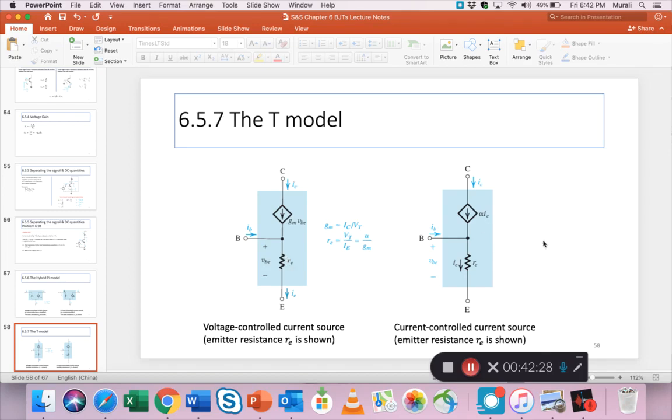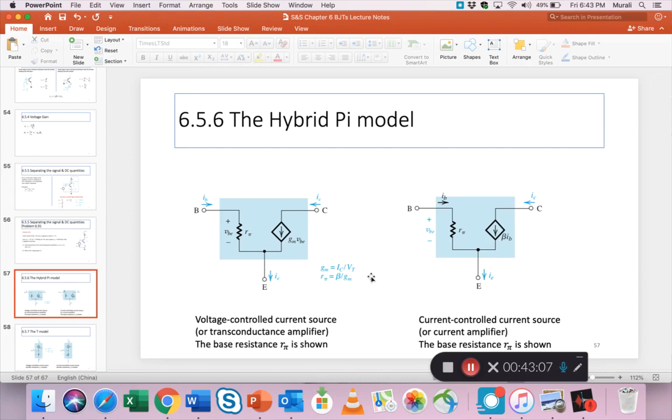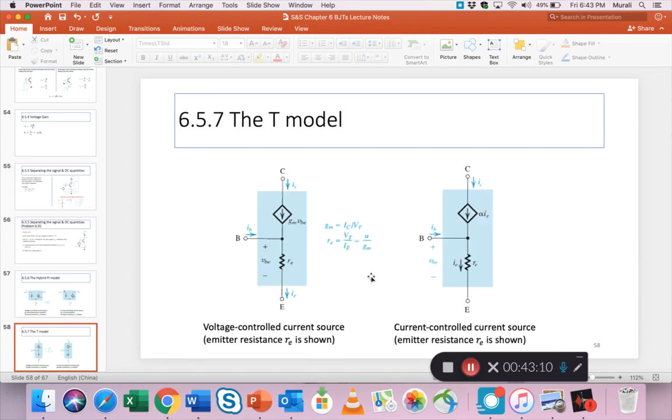Okay, the basic benefit is, once you establish this model and these relationships, which are just arithmetic, right, and multiplication, then if they give you different signal values, then you can very easily plug those values in and come up with the values for the output, either the collector current or the output voltage. Okay, so the T model also exists, and the hybrid pi model exists, and we'll see how they are used when we do some problems.